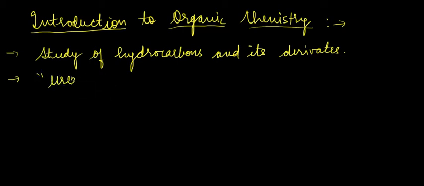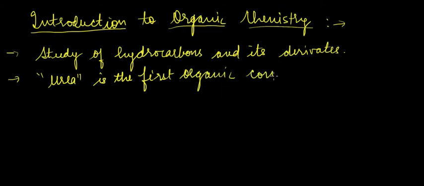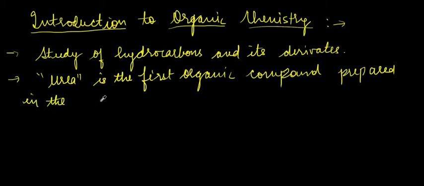So urea is the first organic compound prepared in the laboratory from an inorganic compound. Okay, so let us write the equation as to how urea was prepared.